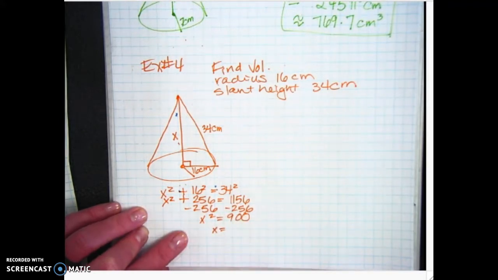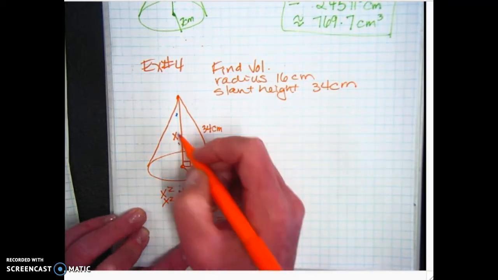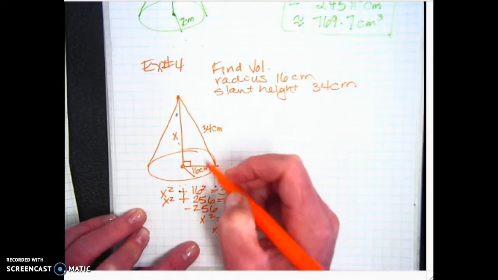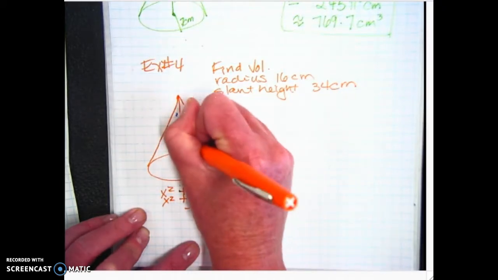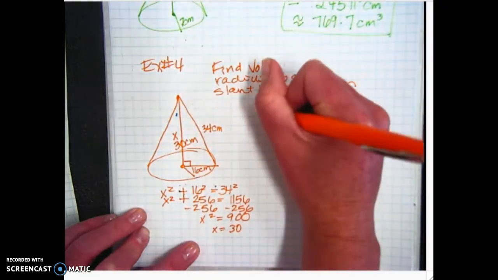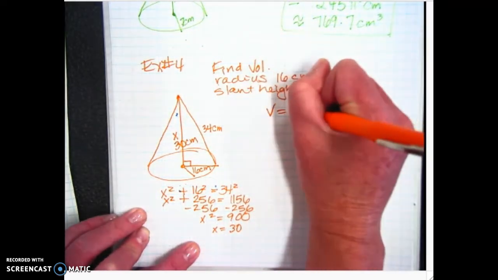Anybody know the square root of 900? What's the square root of 9? 3. And then just add a 0. 30 times 30 is 900. So our height is 30 centimeters, okay?